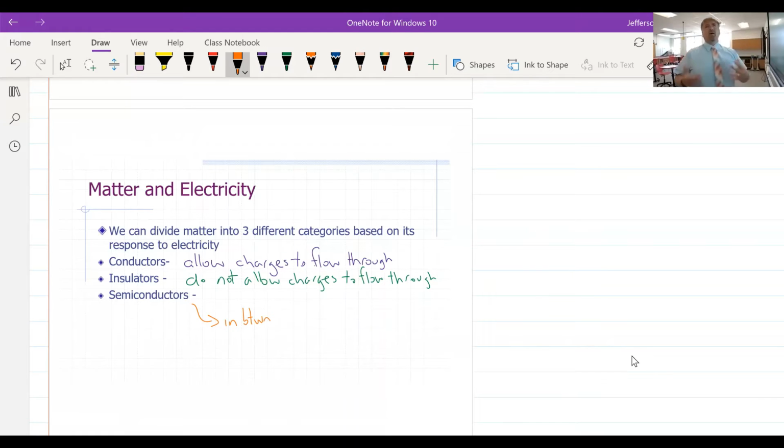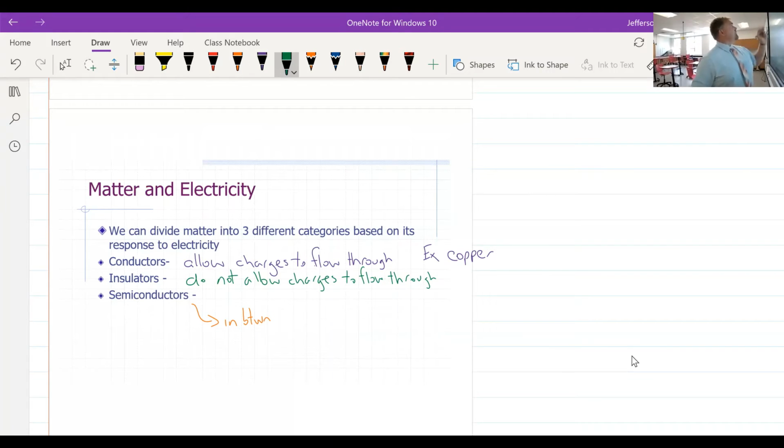And probably the best way to put it, semiconductors are insulators up to a point, at which point in time, once it gets to that point, we'll talk about where that is, it's called voltage, once you get to a certain point, then they become conductors. Okay, and depending on the type of semiconductor, you will have different amounts and stuff like that. But an example for conductors would be like copper.